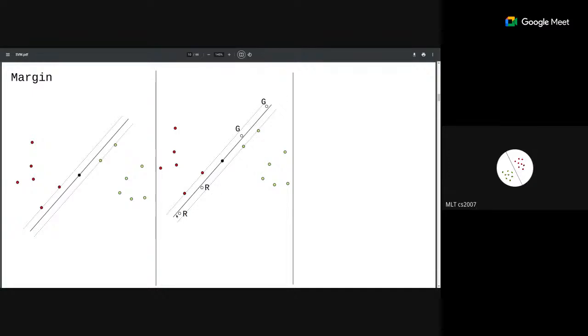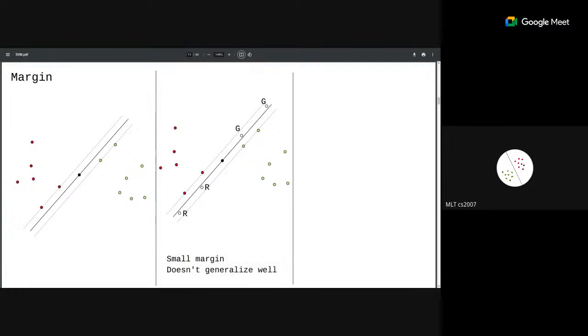So the point is, this particular classifier is doing a bad job on these new data points because it's going to predict them as red, red, and green, green, assuming that the actual true labels are GGRR. It's going to give a wrong prediction on these 4 data points, right? So the outcome of this picture is that small margins do not generalize well.